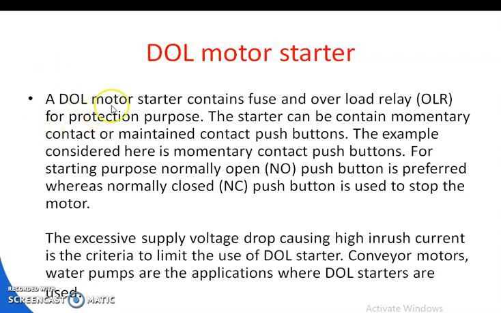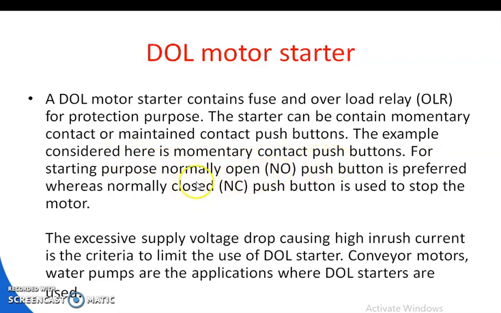A DOL motor starter contains a fuse and overload relay, OLR, for protection purposes. The starter can contain momentary contact or maintained contact push buttons. The example considered here uses momentary contact push buttons.